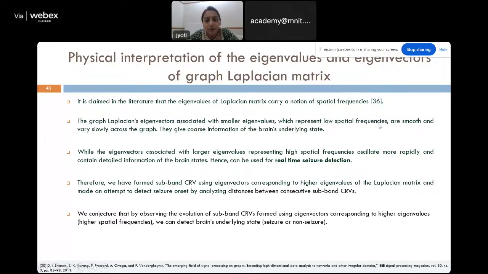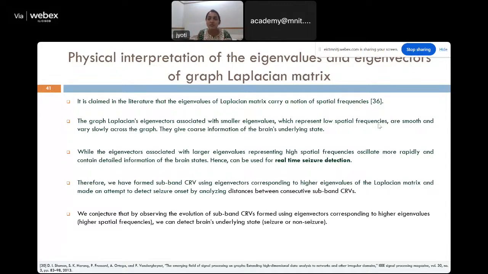Why are we concerned about spatial frequency in this situation? Because till now, in the previous situation, we have just thought that the brain networks are changing over a period of time, so a time varying brain network. But different sensors are placed on different areas of your brain, so spatially also there will be something happening. So how can we capture both spatial as well as temporal information of our data? How can we incorporate both?